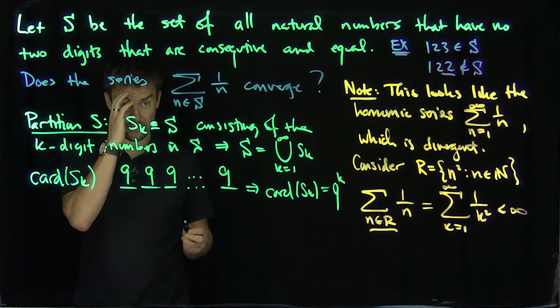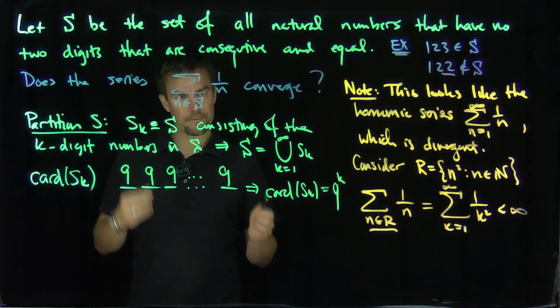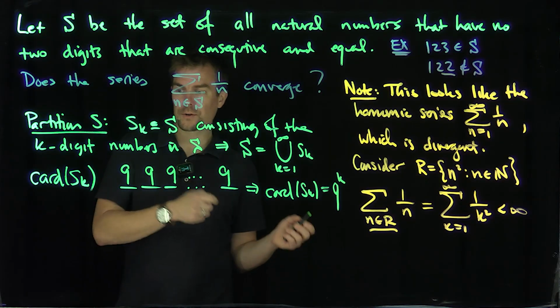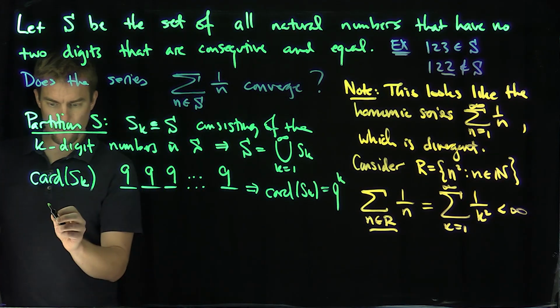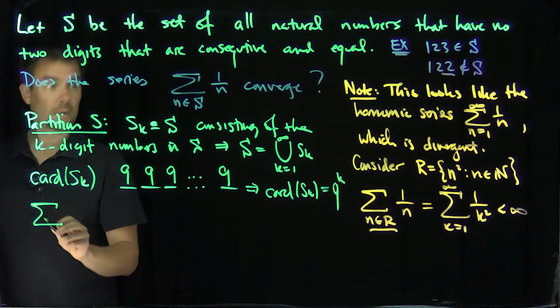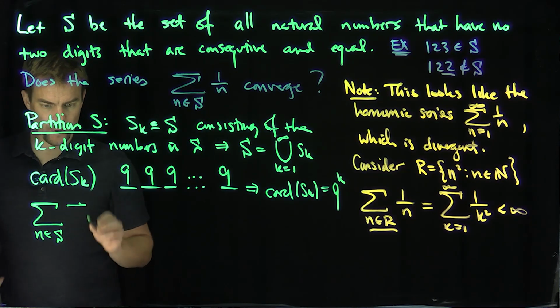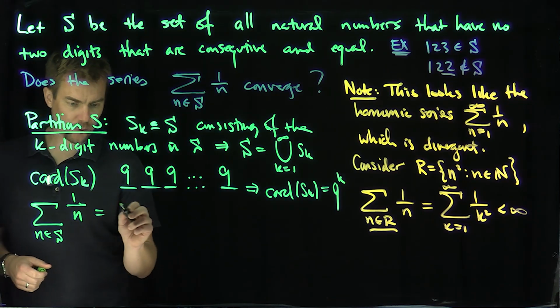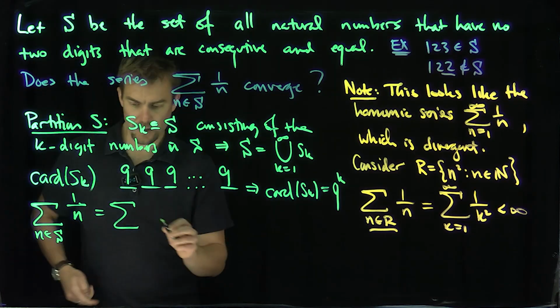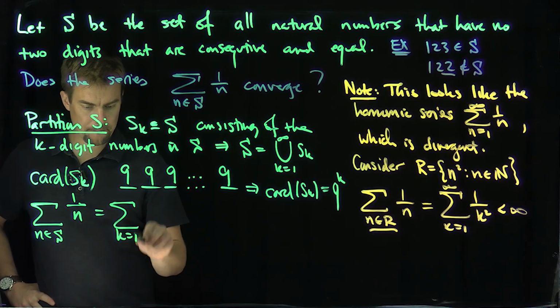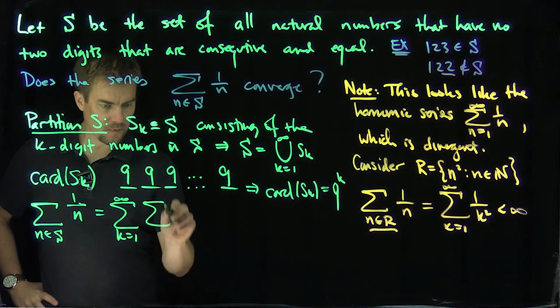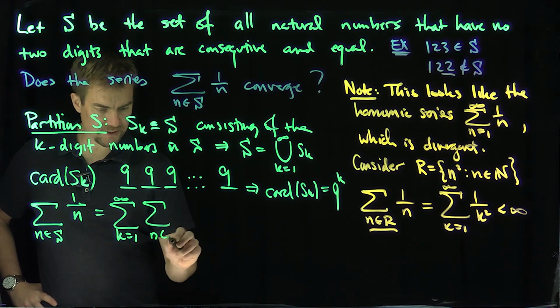Great. And so now I can say therefore that the sum over n in S of 1 over n is equal to the sum, k goes from 1 to infinity, of the sum over n in Sk of 1 over n.